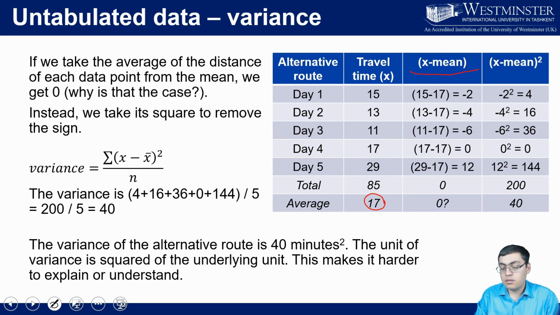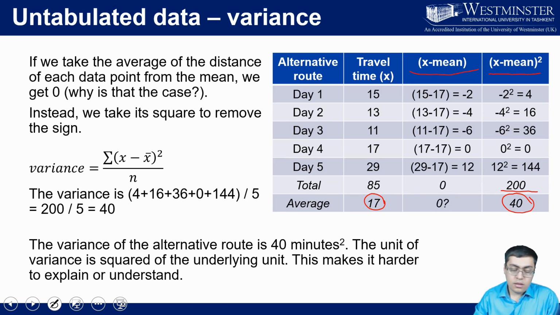That is, we multiply it by itself to remove the sign. And we do that in this column over here. Right? And after squaring them all up, we add them up, and that would give us, in this case, 200. Then what we do is we divide it by the number of observations that I have. In this case, that's going to be 40.